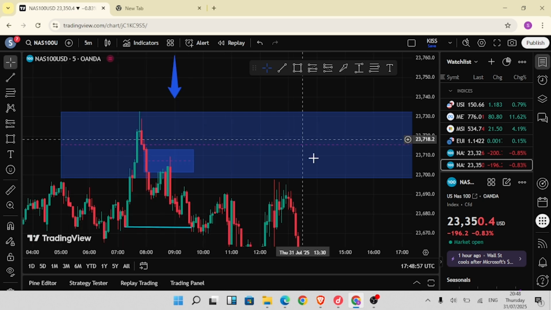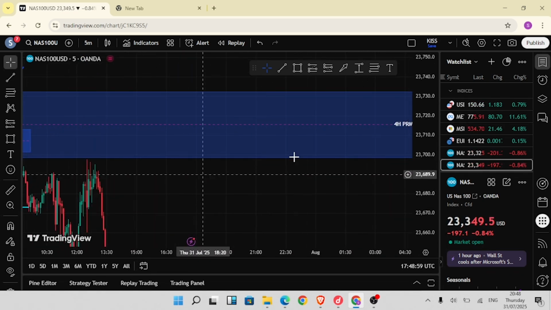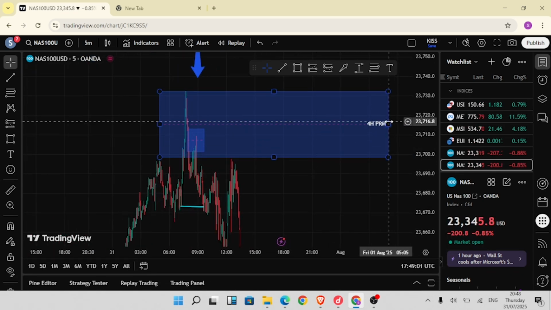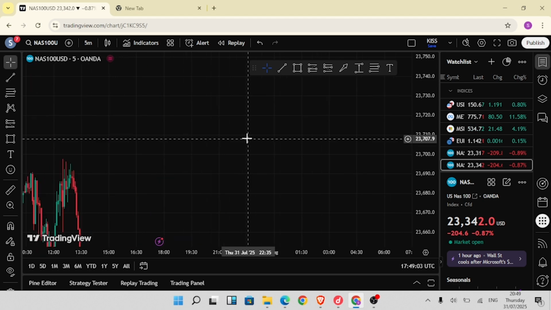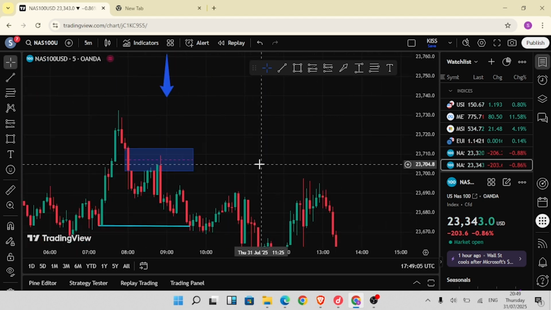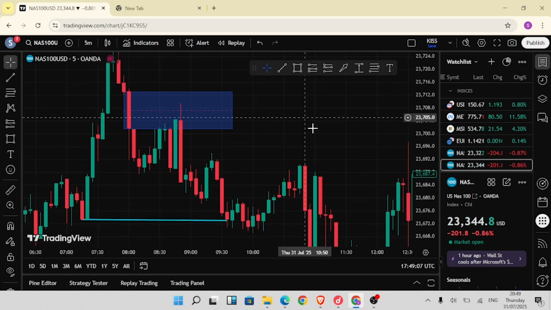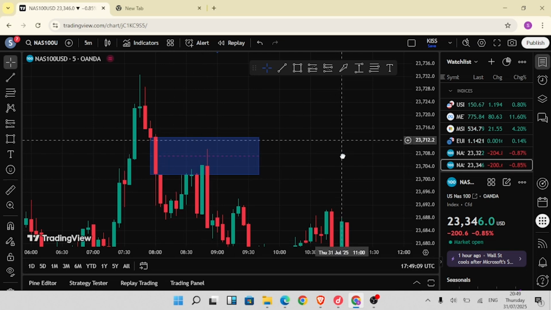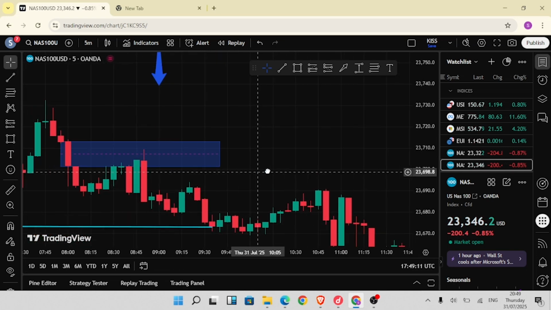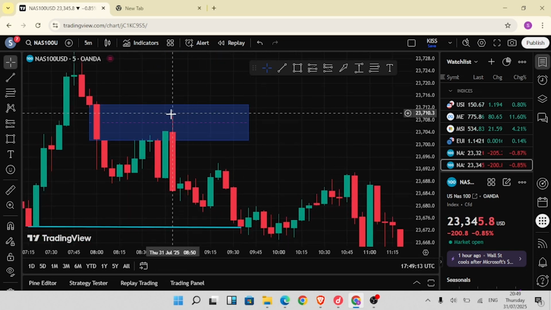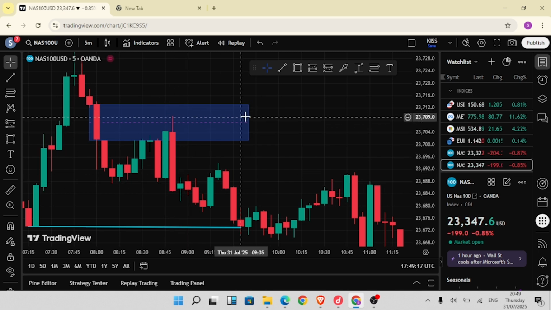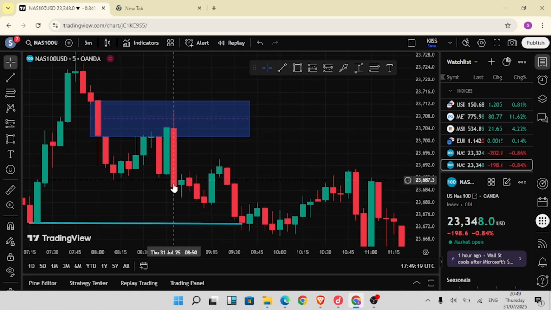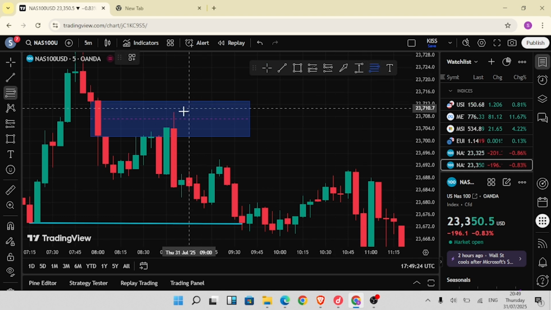Now that we have that happening, we have price reacting off this fair value gap. Right now, you'll notice we have an engulfing candle out of this fair value gap. So this candle will give us another dealing range in the 15-minute time frame.